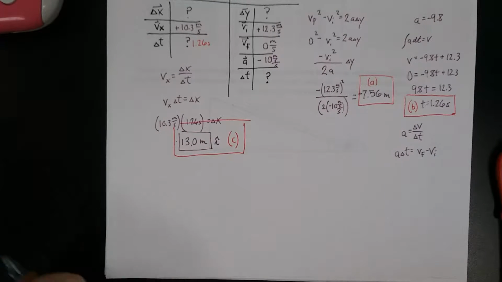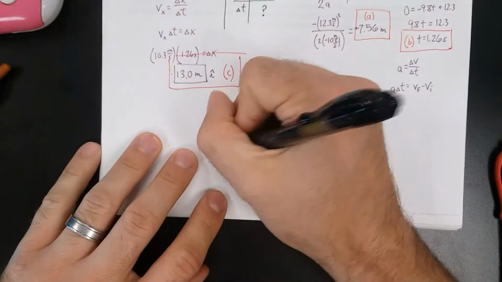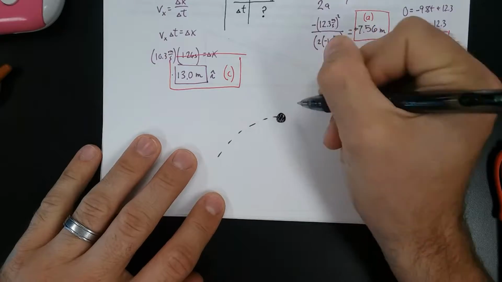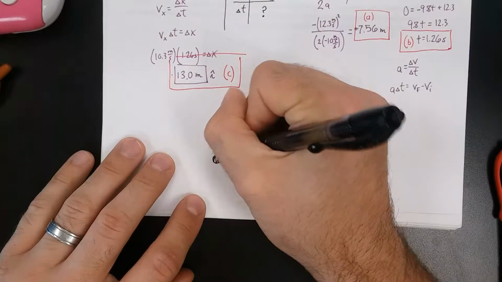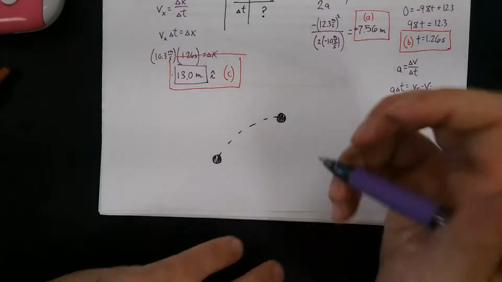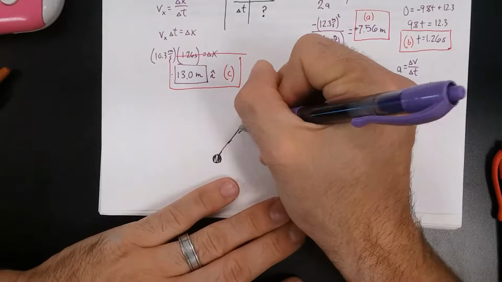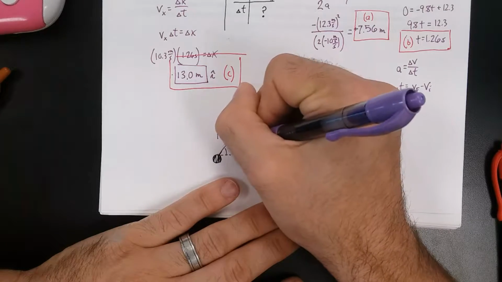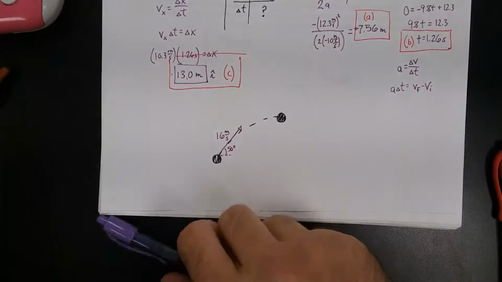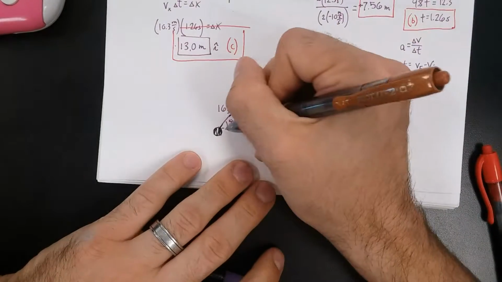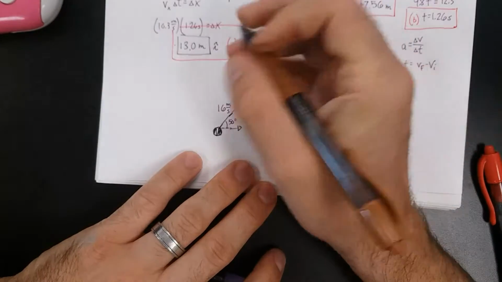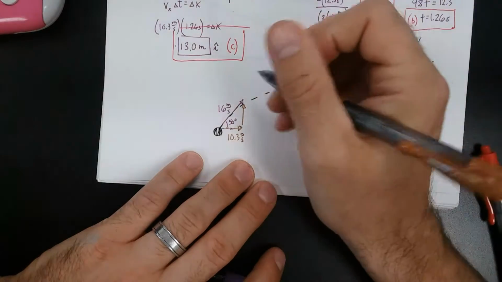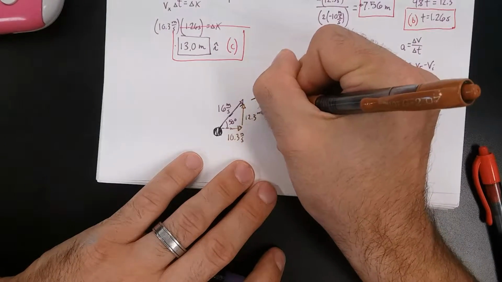Well, at the highest point, let me draw this out. Most common wrong answer for this is 0. In the beginning, this marble had a velocity of 16 meters per second at this angle of 50 degrees. And what that ends up being is a horizontal velocity that we've already seen of 10.3 meters per second and a vertical velocity of 12.3 meters per second.